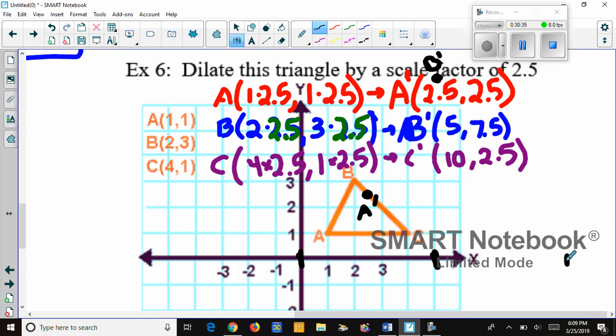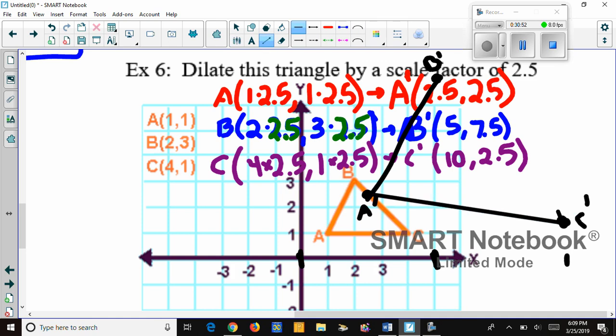And then up 2.5 puts a coordinate of C prime roughly here. You won't have any that require this much trouble, but it should be expected that we could give you one like this and you could do your best guess at making the triangle.